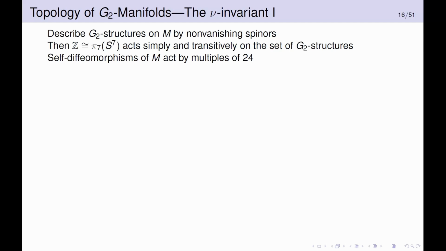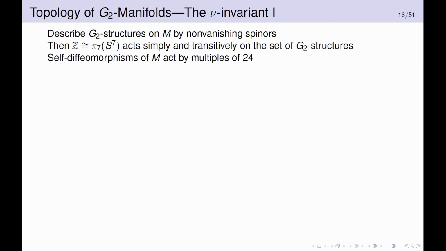So it's basically maps from a patch to S^7, which you can believe to be constant, but then you take connected sums with the 7-sphere, and you see that the 7th homotopy group of S^7, which is the integers, acts by connected sum on the set of G2 structures. And this action is in fact transitive, and it's free. So you have a Z-torsor, if you like.